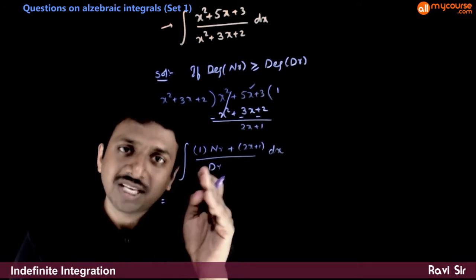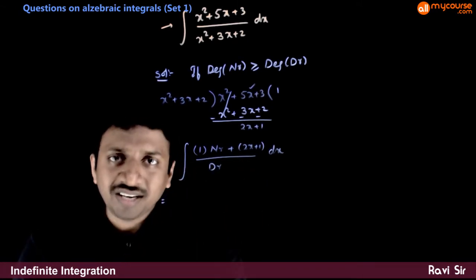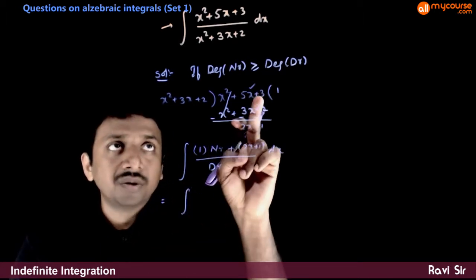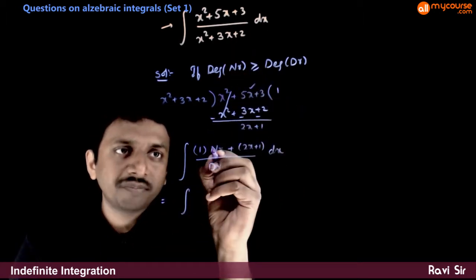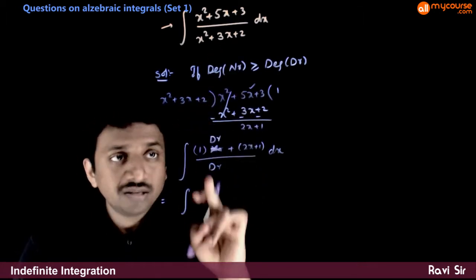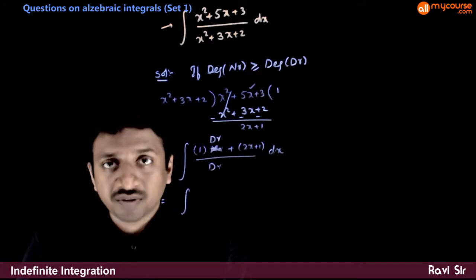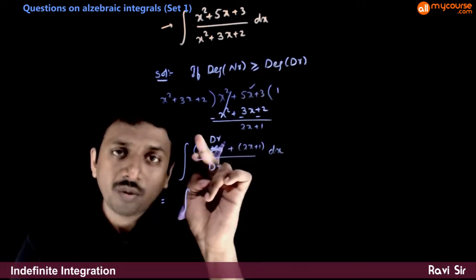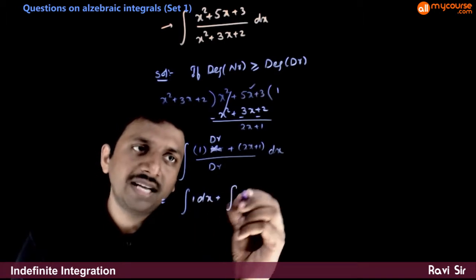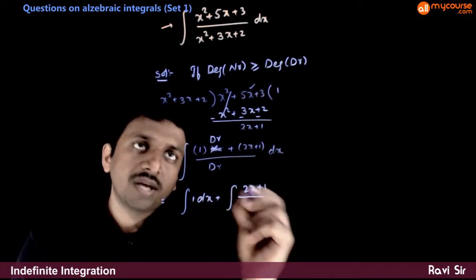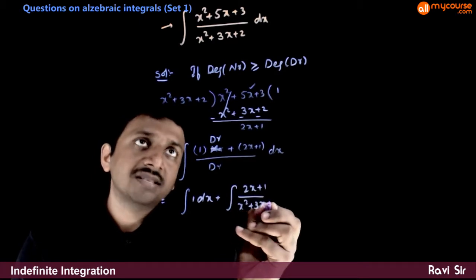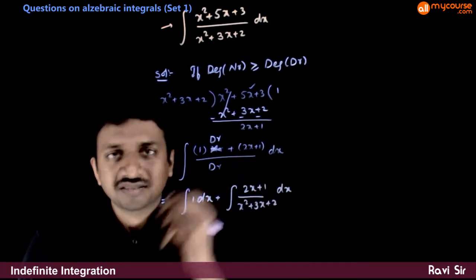Now you separate these two and distribute the integral. So you get the integration of 1 times denominator by denominator, which is 1 dx, plus the integration of 2x plus 1 by x square plus 3x plus 2 dx.